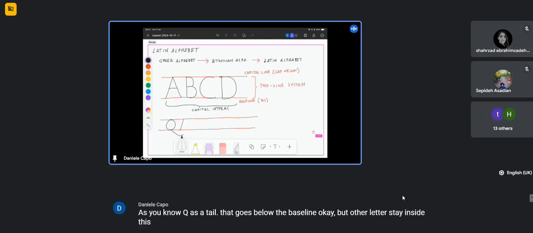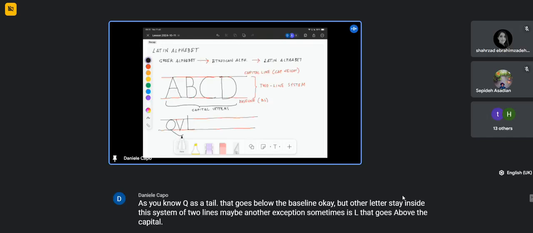But other letters stay inside this system of two lines. Maybe another exception sometimes is L, that goes above the cap line. We find examples with the L raised above the cap line.